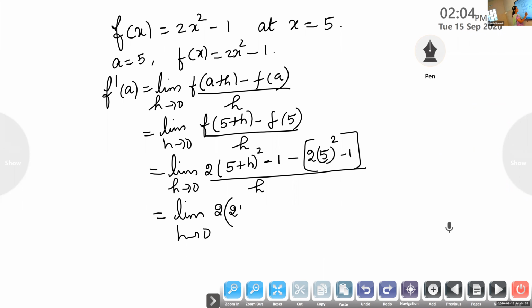So it is 25 plus 10h plus h square minus 1, a square plus 2ab plus b square minus 1 minus 5 square. 5 squared is 25. 25 into 2 is 50 minus 1 by h.